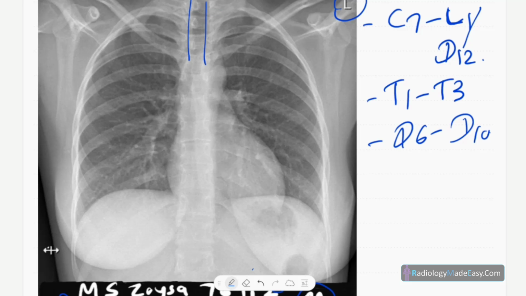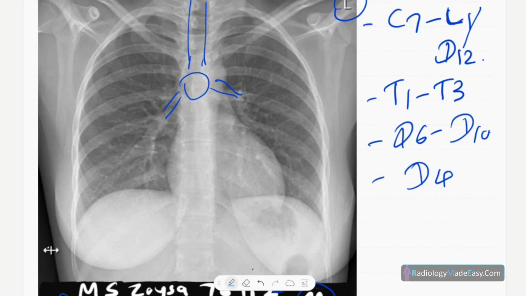You can see the lucency centrally in the mediastinum, a central linear lucency. The lower part is slightly shifted to the right side, and this is the carina, usually located at D4 level, and these are the bronchi, right main and left main bronchi.